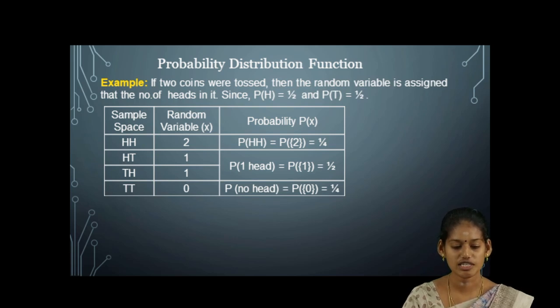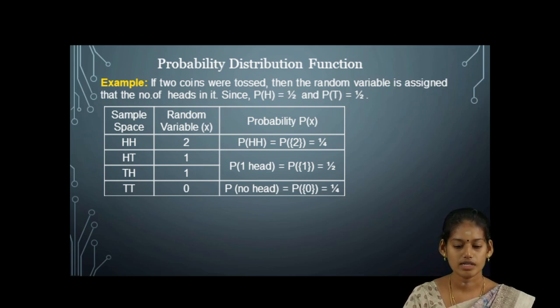And for HT and TH, notated as the probability of getting only one head, P of 1 is 1 by 2. Here getting only one head happens 2 times, HT and TH. So the favorable outcomes are 2 and the total outcomes are 4, which simplifies from 2 by 4 to 1 by 2.